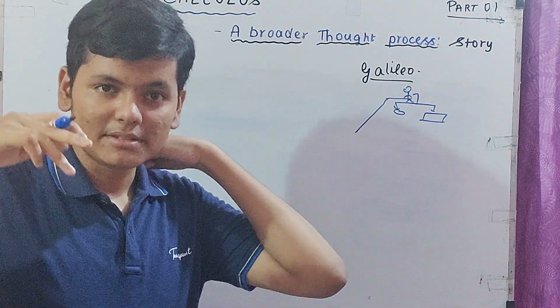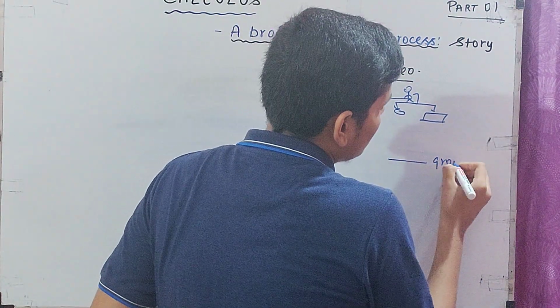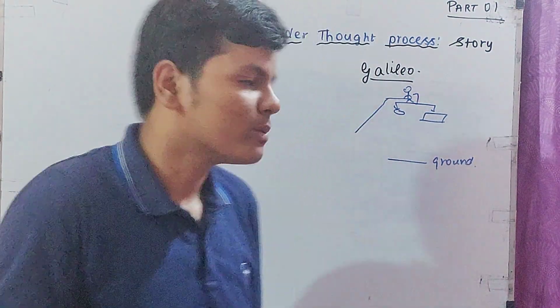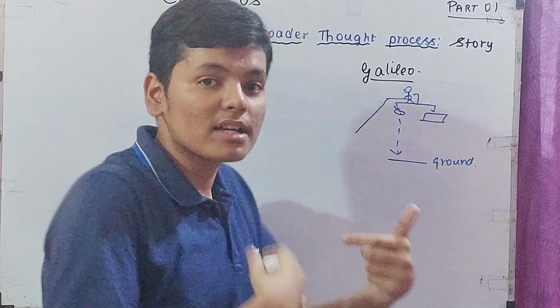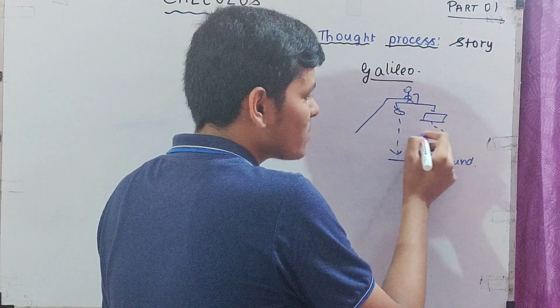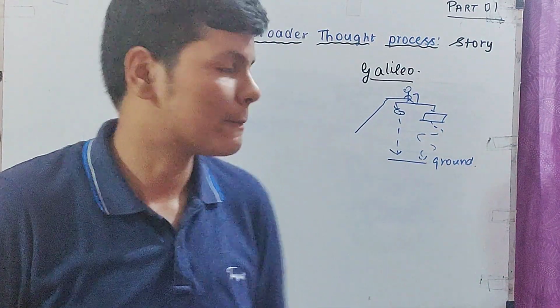Now let us try to interpret what is going to happen. According to us, the coin will fall much faster. It will reach the ground first, whereas the paper will swing here and there and finally reach the ground much later.